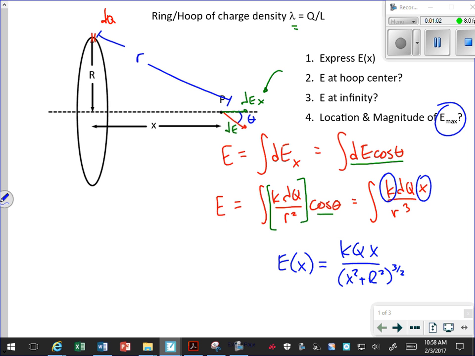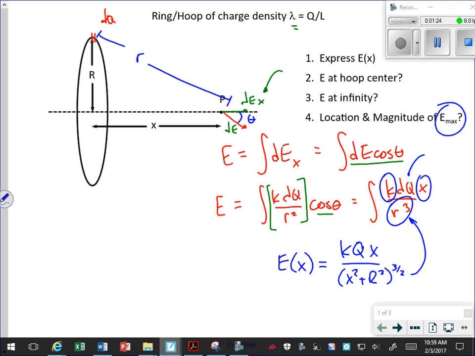X is a constant, R is a constant, and all you have to do is integrate, just literally integral dq, and that's just q. And r cubed turns into our little r, which is x squared plus r squared to the 1/2, but that's cubed, so there's your 3/2.